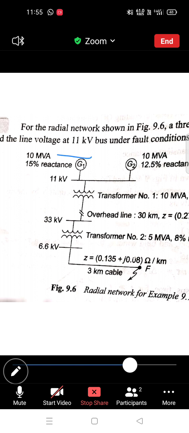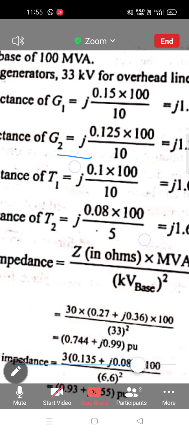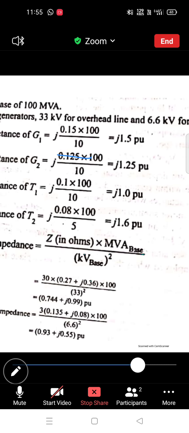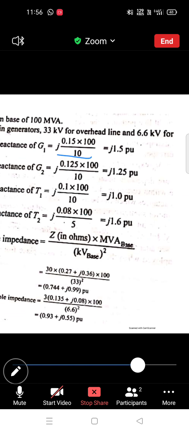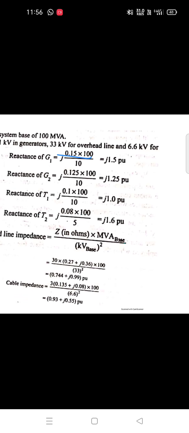Actual MVA is 10 MVA, base MVA is 100 MVA, and the reactance. But we have to take reactance not in terms of percentage. So 0.15 into 100, the base MVA, divided by 10, the actual MVA. So we get the per unit value equal to 1.5.